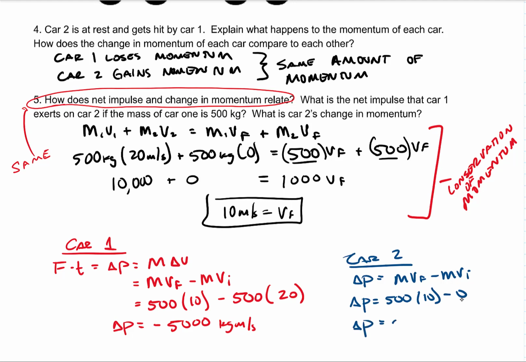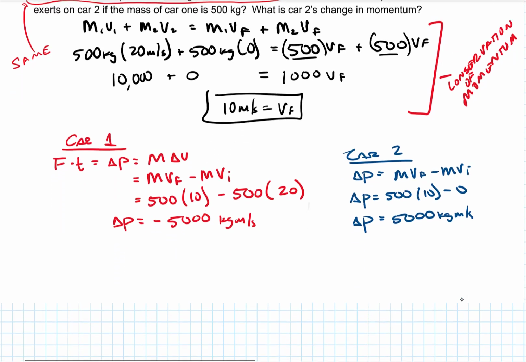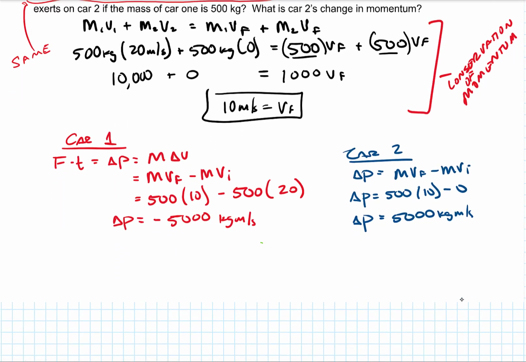And that change in momentum is positive 5,000 kilogram meters per second. Part of the conservation of momentum is that each object experiences equal and opposite changes in momentum.